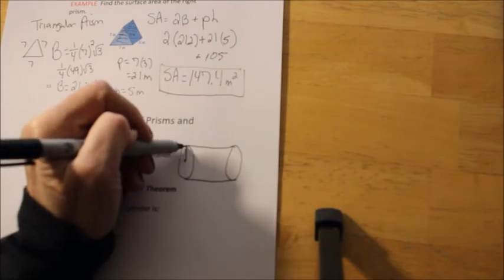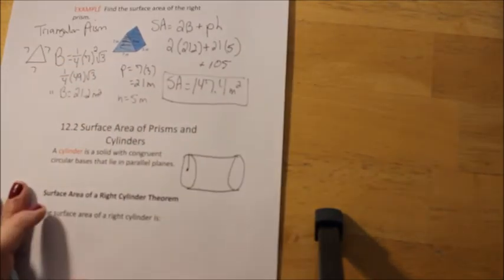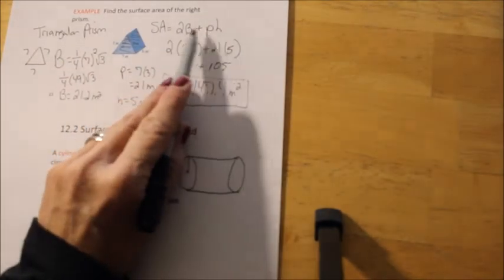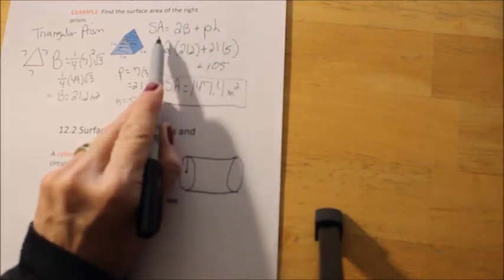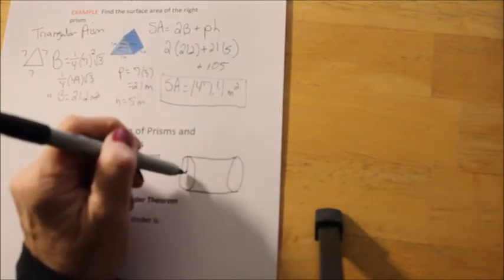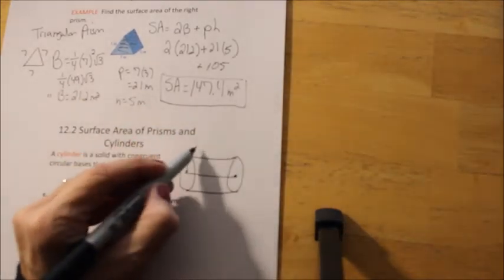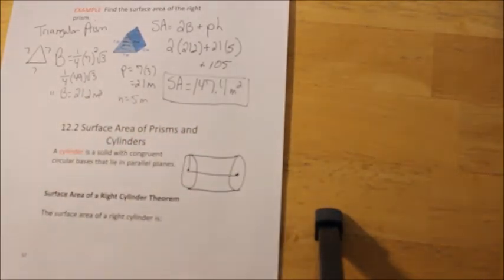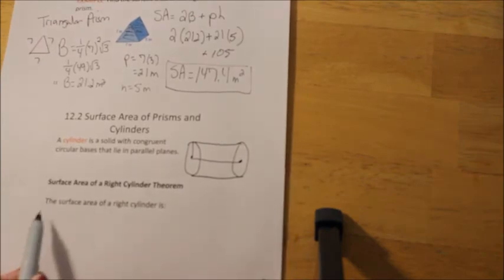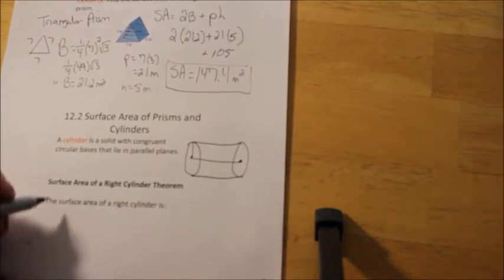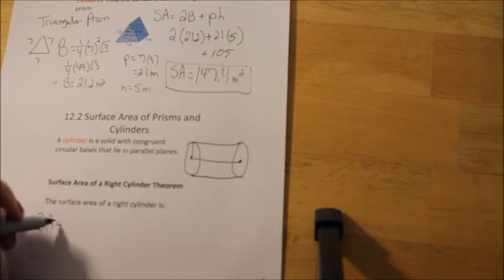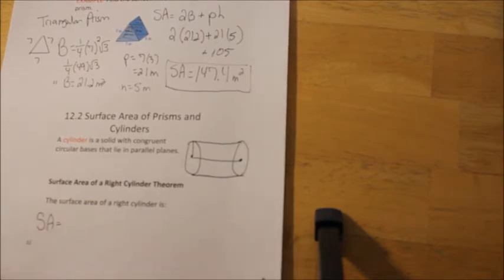So how do you find the area of a circle? Here's your formula for the prism, right? The height is the distance between the bases, or you could look at height up here. To find the surface area, it's the exact same formula except it's in terms of a circle.